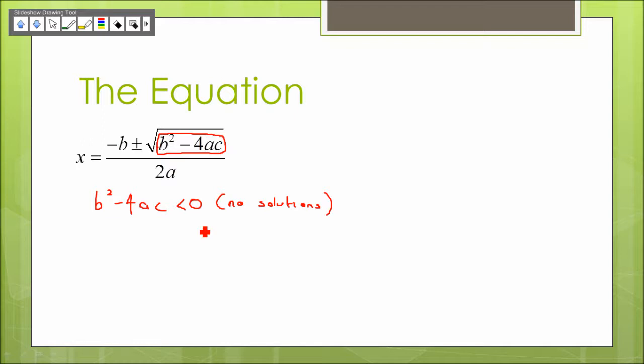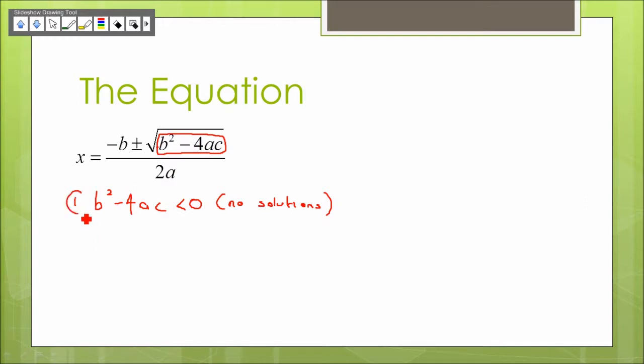There are no values of x that make sense to us in terms of rational numbers for this particular equation. There are still some answers that we can discuss once we have progressed further in senior school. However, right now, the only thing that you need to be concerned with is that if the discriminant is less than 0, there are no solutions.